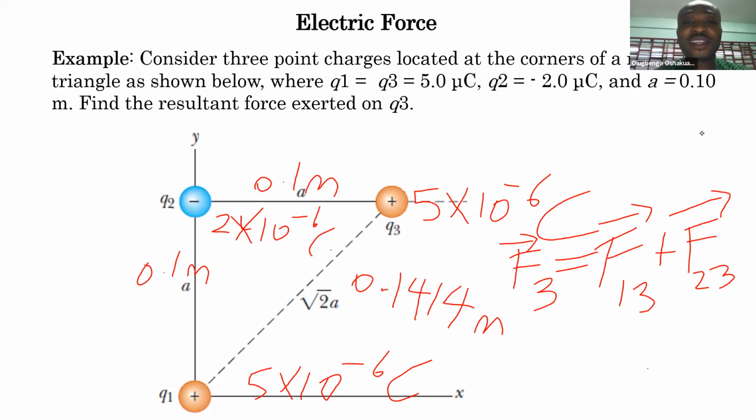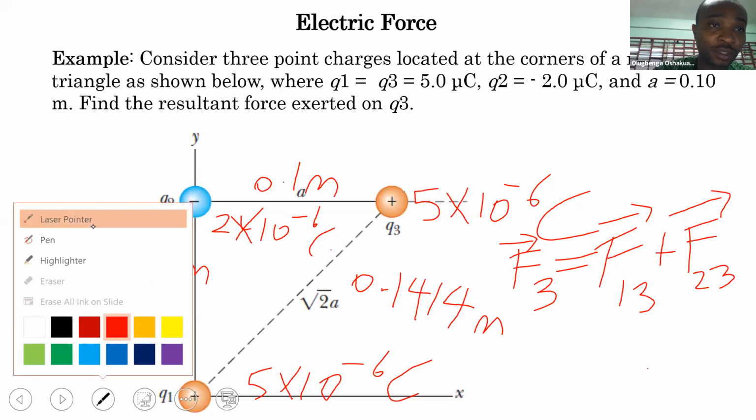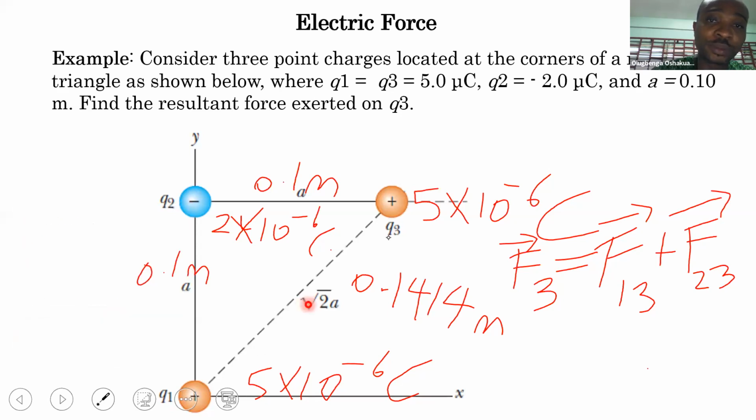The resultant force exerted on Q3 is the force that Q1 is exerting on Q3 and the force that Q2 is exerting on Q3. So the force being exerted on Q3, we've described it as F3.